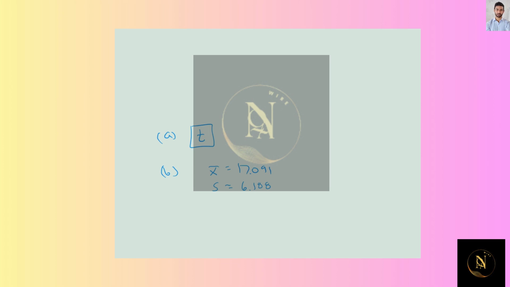I'm going to go 4 places just to be safe for these right now because we're going to round our final answers to 3. So the standard deviation is 6.1880.